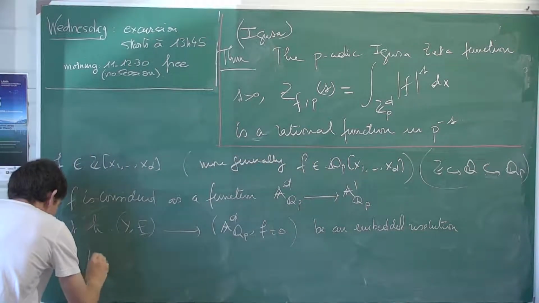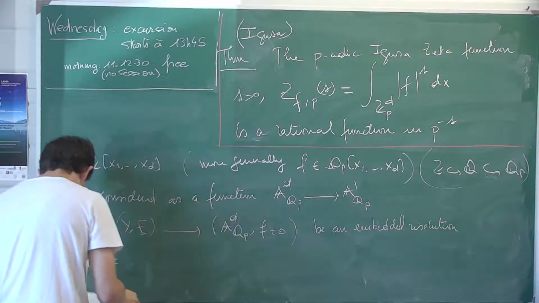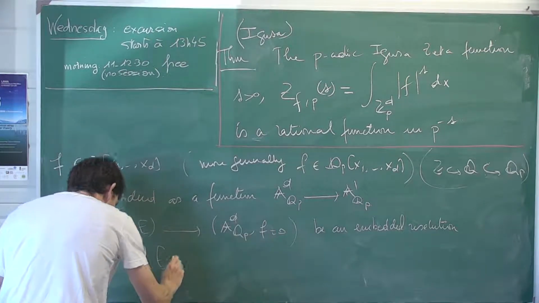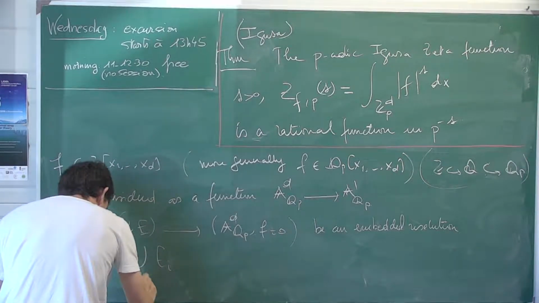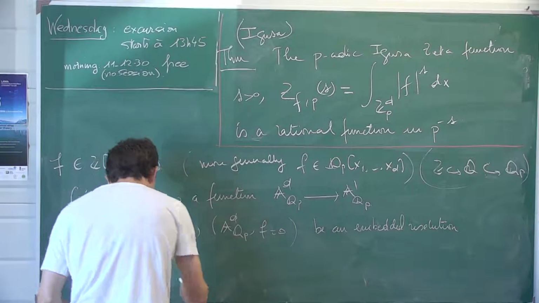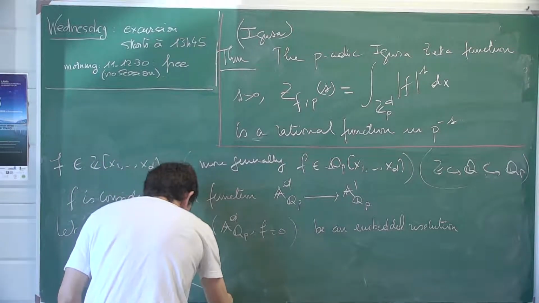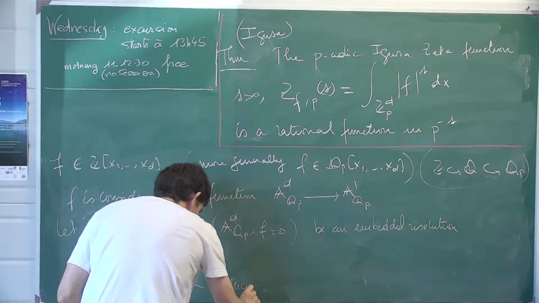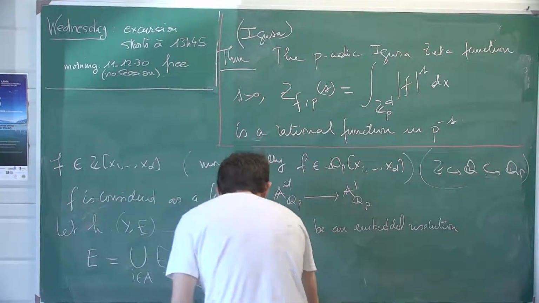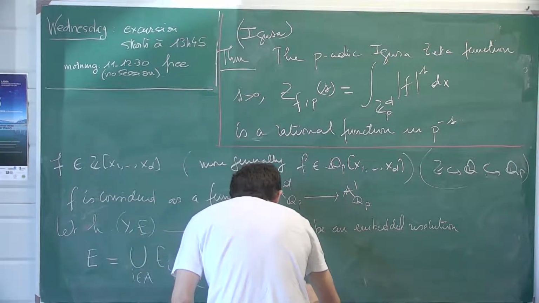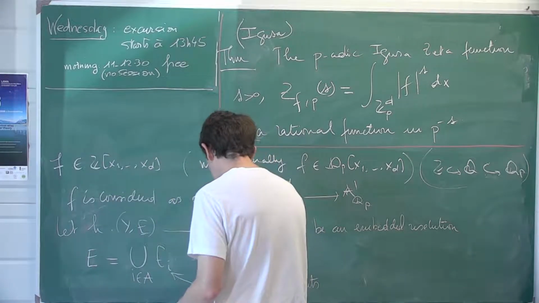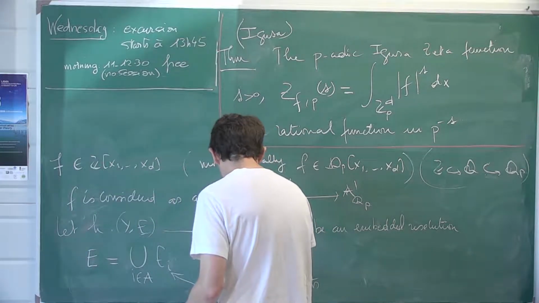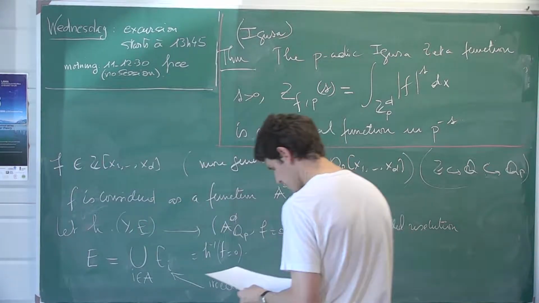So E is the union of E_i, which are irreducible components, indexed by a finite set. This is the inverse image of f equals 0.